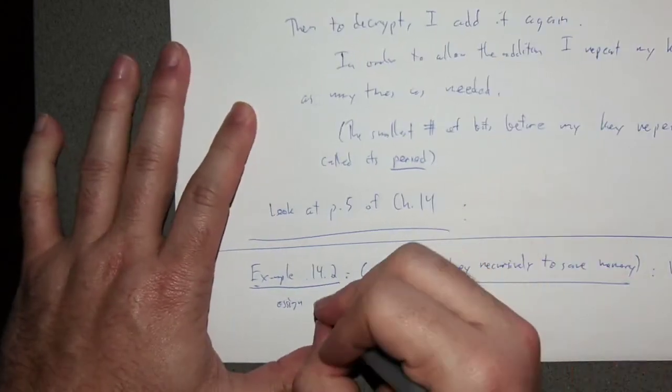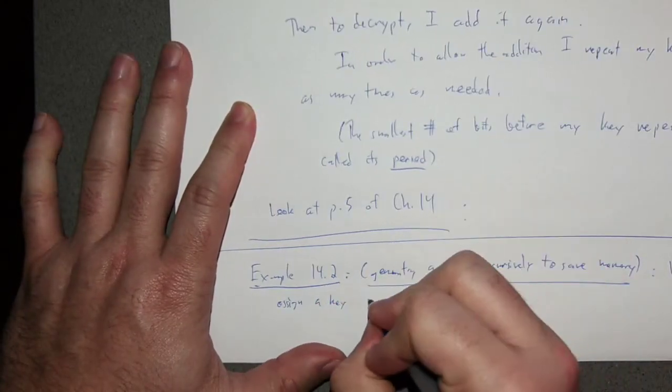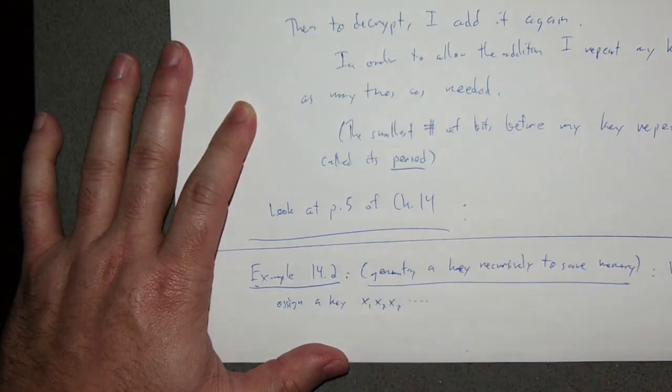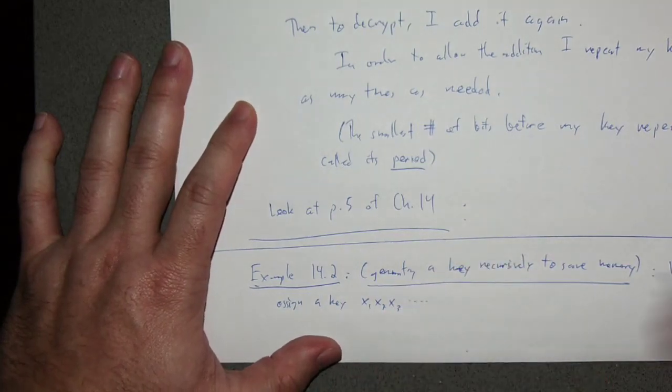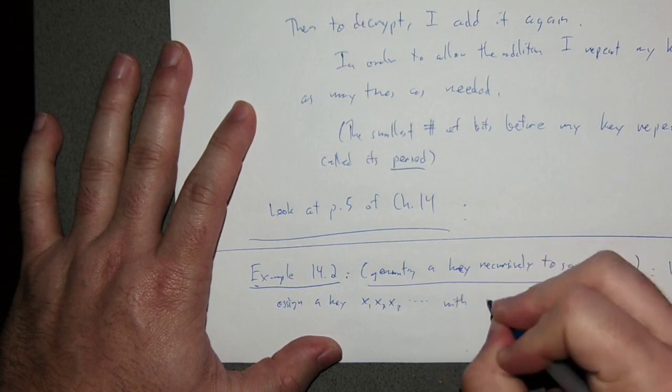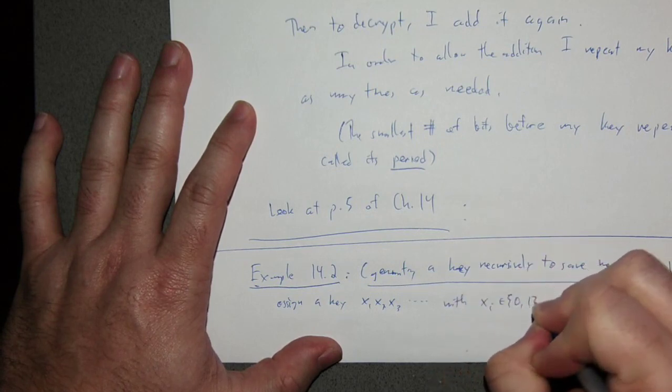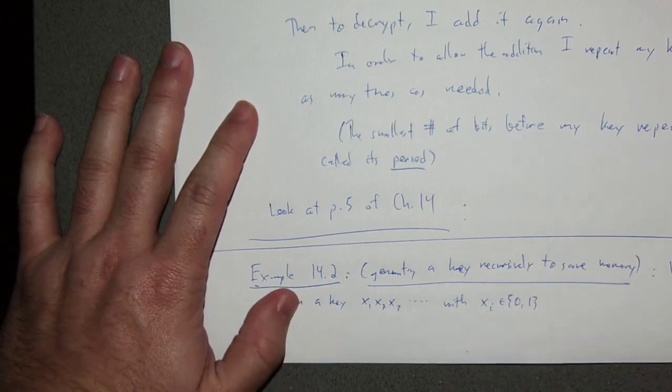a key, which we'll say is a string x sub 1, x sub 2, x sub 3, and so on, with each x sub i in the set {0, 1}. So every x sub i is either 0 or 1.